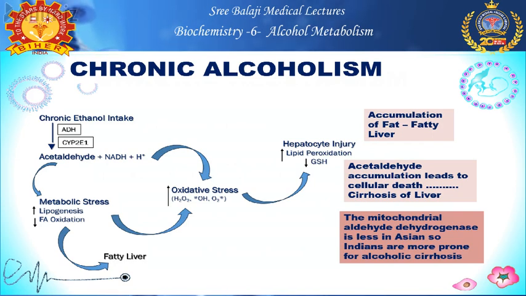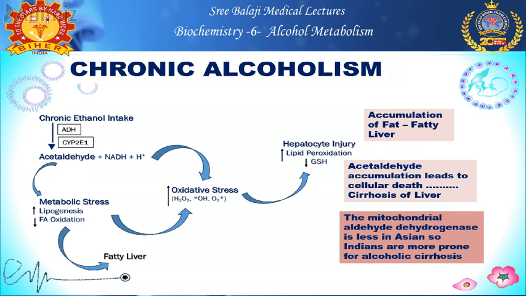Chronic alcohol intake also leads to increased synthesis of acetaldehyde. Acetaldehyde is toxic, so that causes metabolic stress that increases lipogenesis and decreases fatty acid oxidation, and it will lead to fatty liver formation.